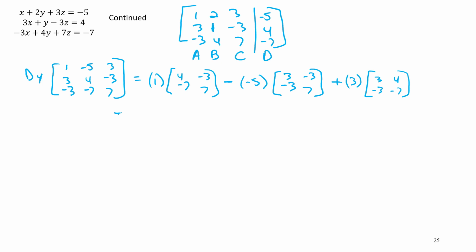Writing this one out, we would get 1, you get 4 times 7 minus -3 times -7.